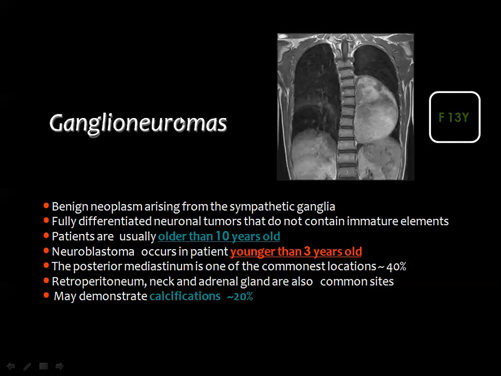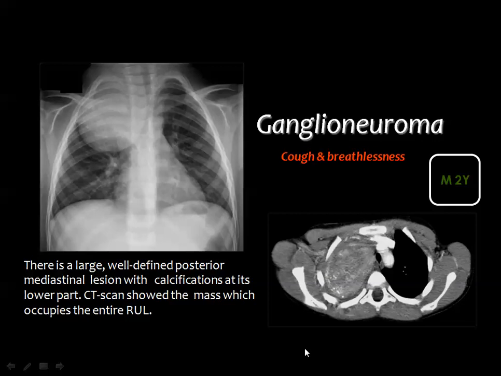But ganglioneuroma has a lower incidence of calcification, in the range of 20%, compared to the neuroblastoma, which contains calcium in about 85% of the lesions.